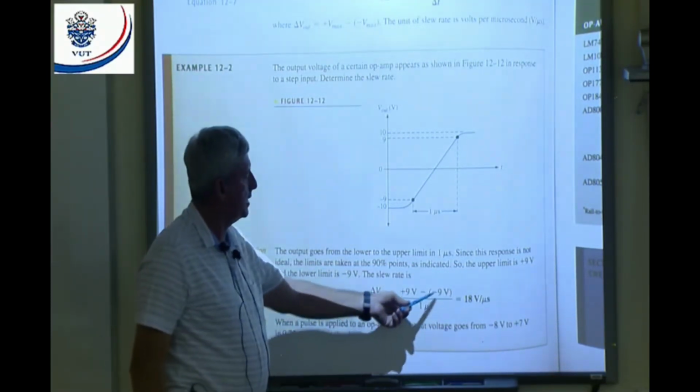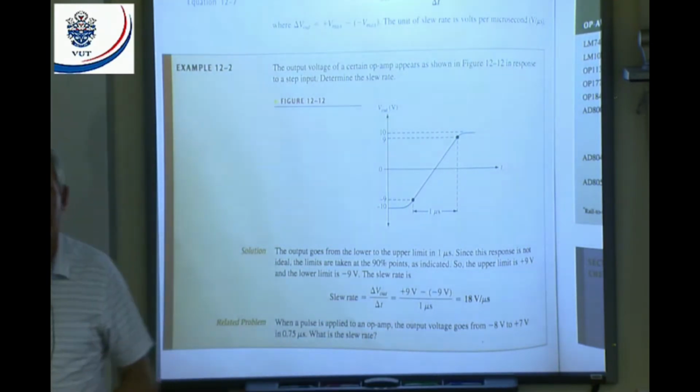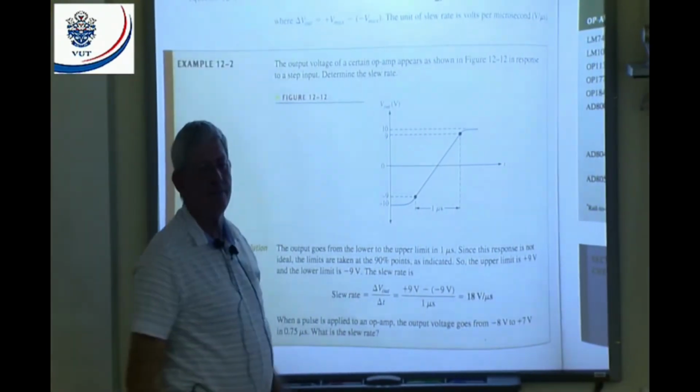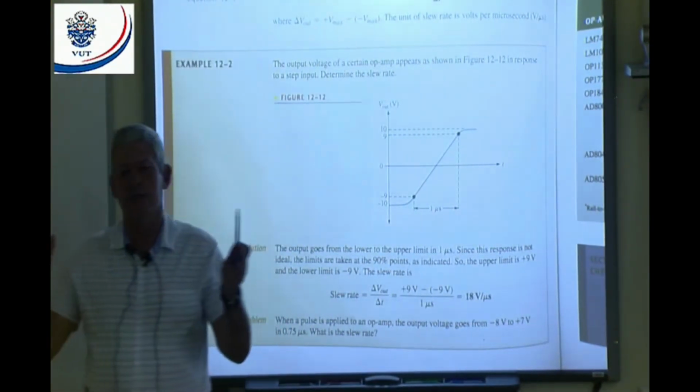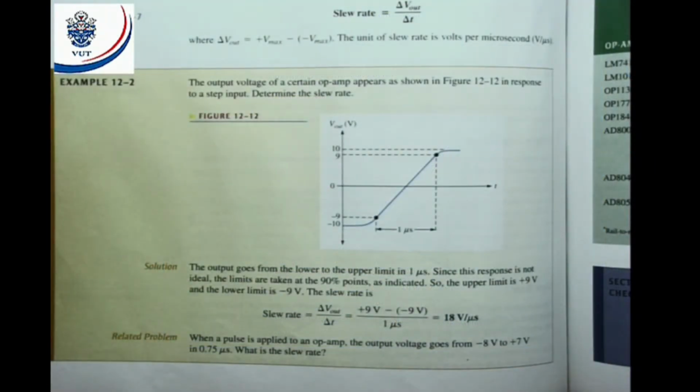That means plus 9 minus minus 9. That means a minus times a minus will give me a positive. That will give me a total of 18 volts, all right? The change in voltage is 18 volts. The change in time is 1 microsecond. That means 18 volts divided by 1 microsecond. It will be 18 volts per microsecond. That is my slew rate.